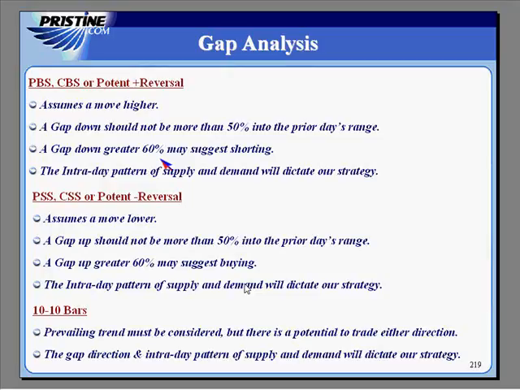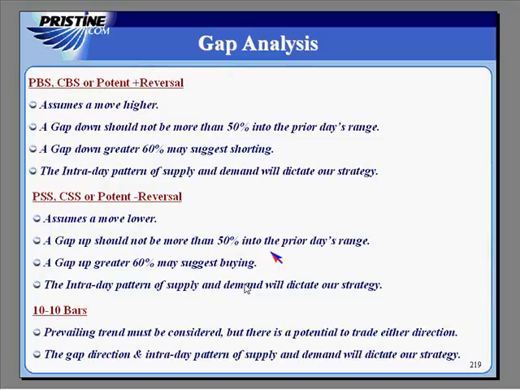Once we start with the daily, then we look at how it formed in intraday. Same thing with the sell setups. We're going to look for PSSs, climactic sell setups, or potent bearish reversals, looking for a move lower. If it gaps up, it shouldn't be a significant gap up.